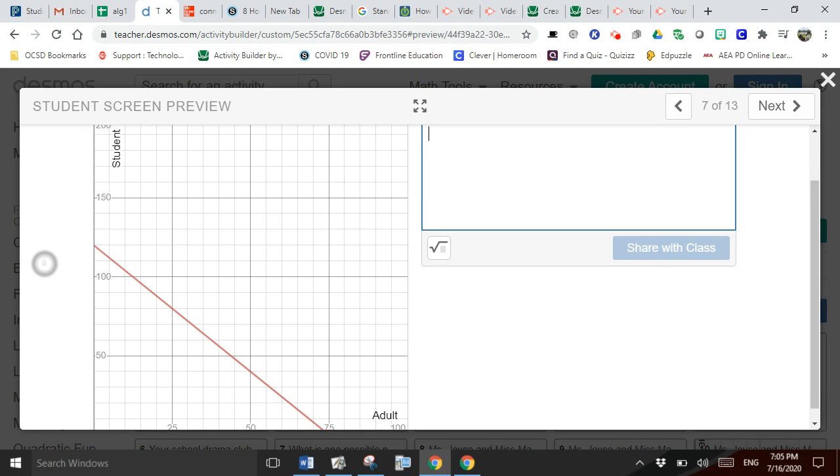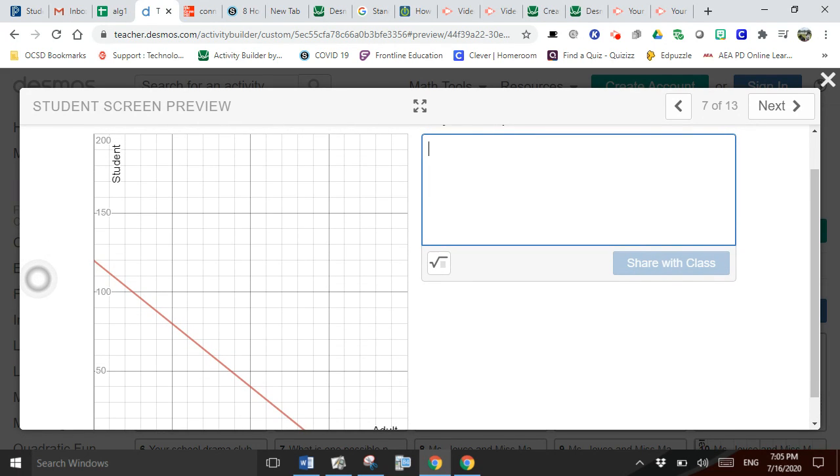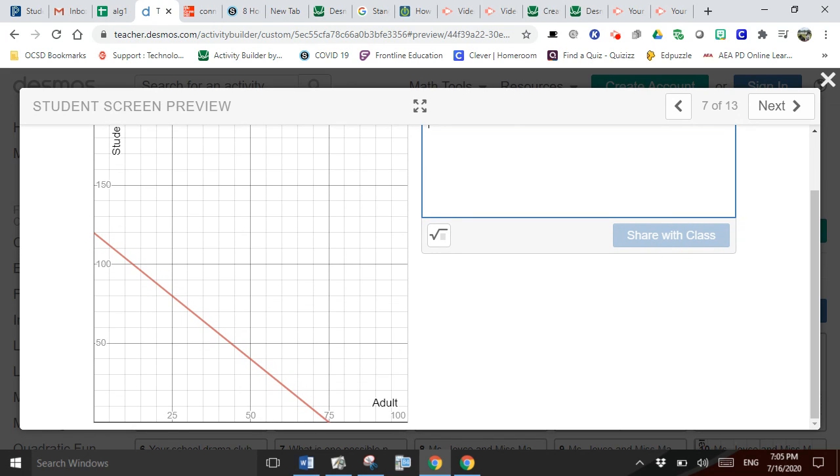So I'm going to have some other combination. I'm going to take a look at my line here and I can see there are points all the way along, but I really like this point right here because it looks to me like it is an exact point.